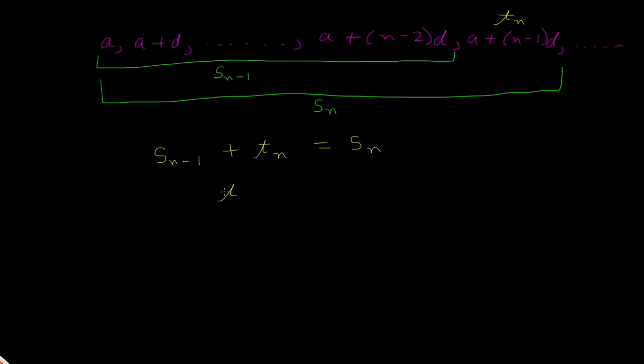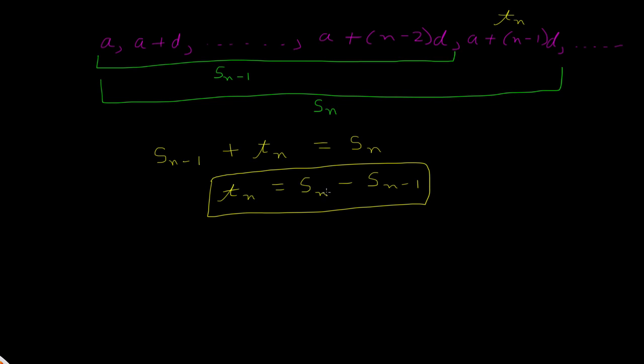Or we can write this as Tn is equal to Sn minus Sn minus 1. That is, if you know the sum of n terms and you know the sum of n minus 1 terms, then the way to get the nth term is by subtracting both of these.